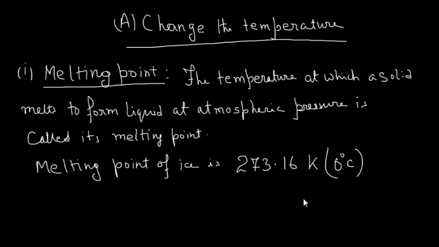At 0 degree centigrade, the energy of the water particles is much more than the energy of the particles of ice at 0 degree centigrade. So what we mean to say is that during melting, the temperature of ice does not rise even though heat is being supplied continuously, due to latent heat of fusion.